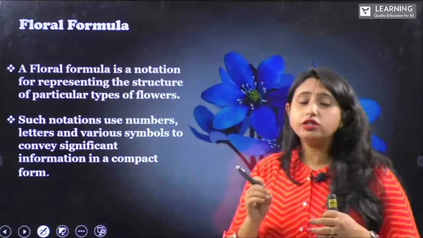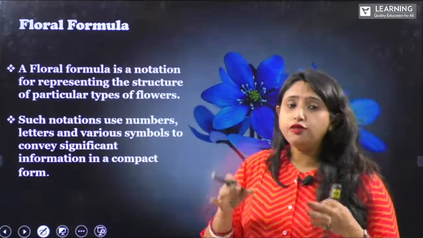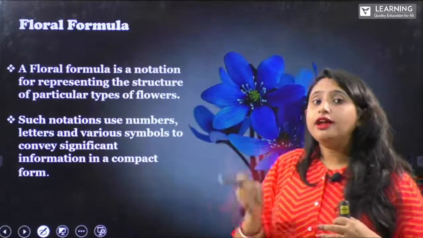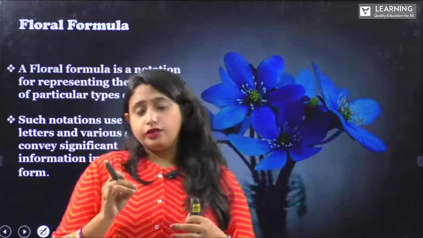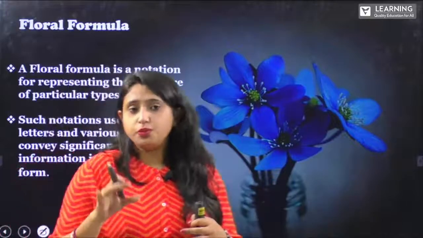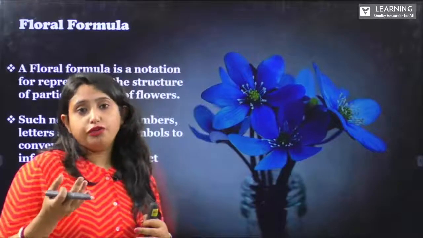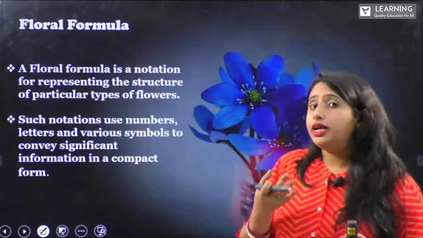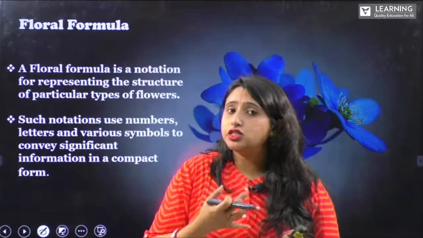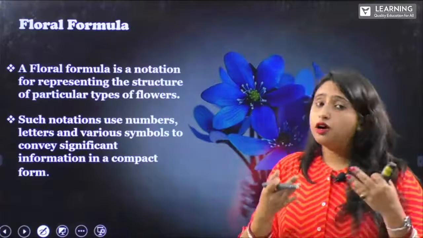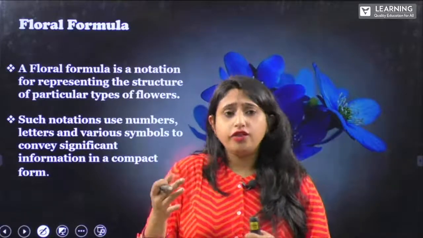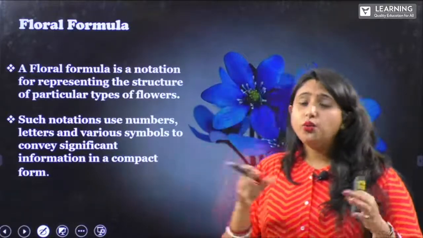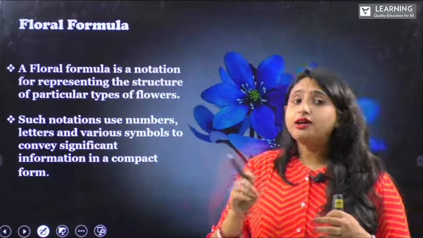Depending on the number and arrangement of the leaves, the number of sepals and carpels, whether bract is present or not, and whether the flower is bisexual or unisexual, we can give them various symbols.